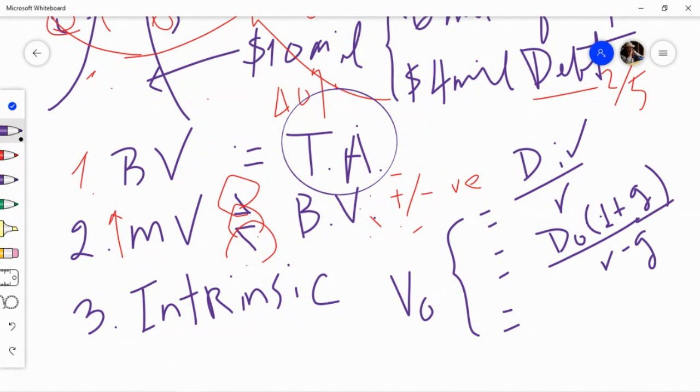And then the variable growth model. It's not easy to put the variable growth model in a single formula. I mean, I can do that, but it takes time.